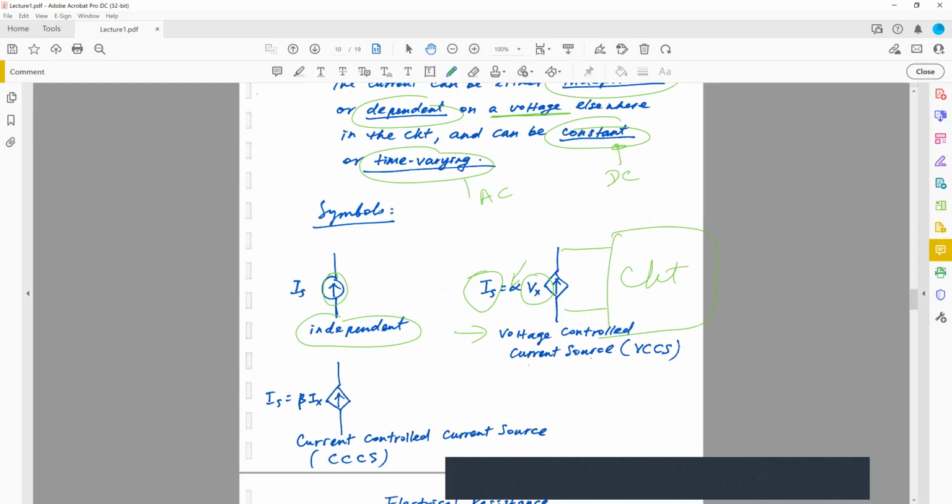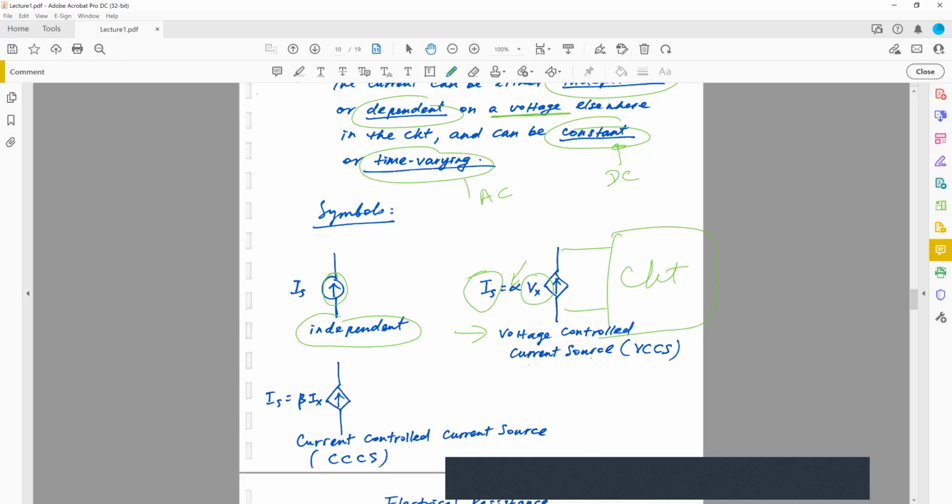Now, similarly, instead of having this dependency on the voltage, I can have dependency on current. So in this case, I have a current controlled current source, by exactly the same rationale. I can have this current Ix exist somewhere in the circuit, and I can have this beta as my scaling factor. So Is depends on this Ix somewhere else, and I have something called CCCS.